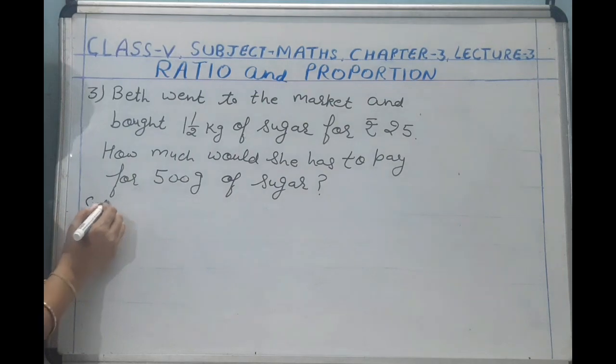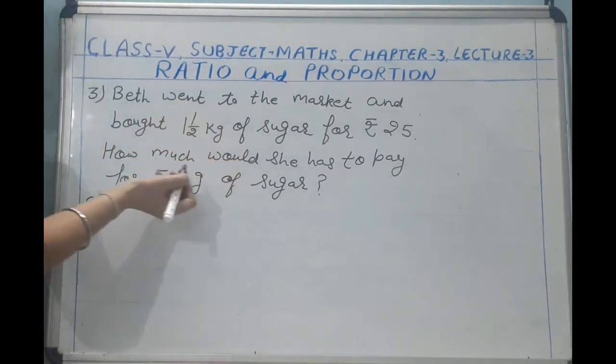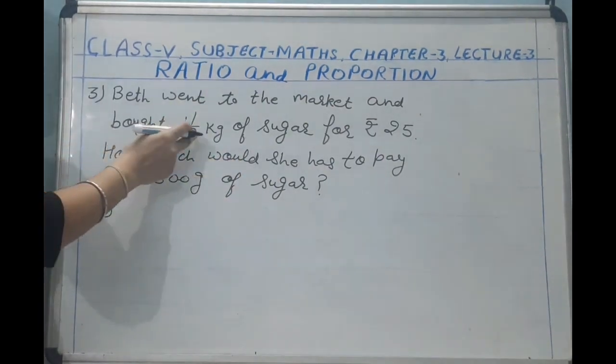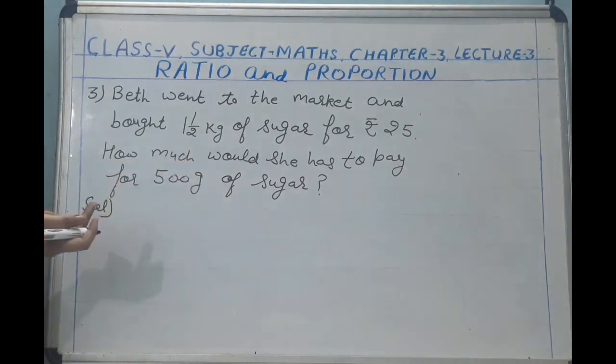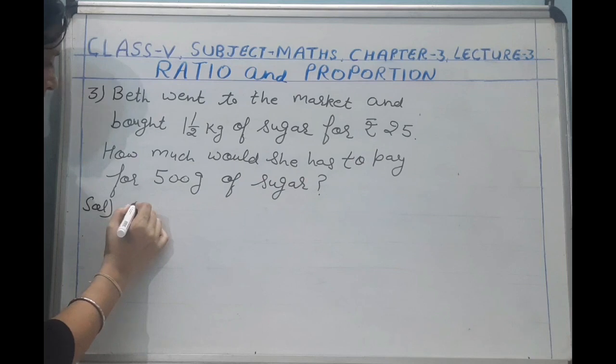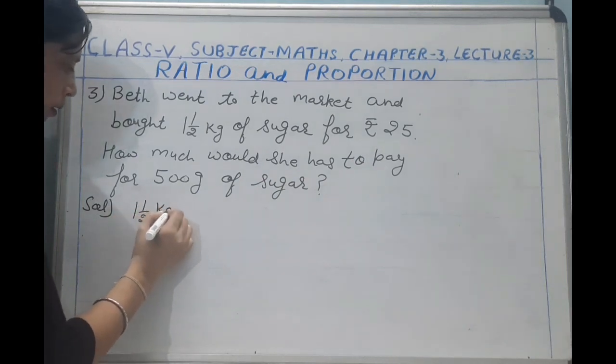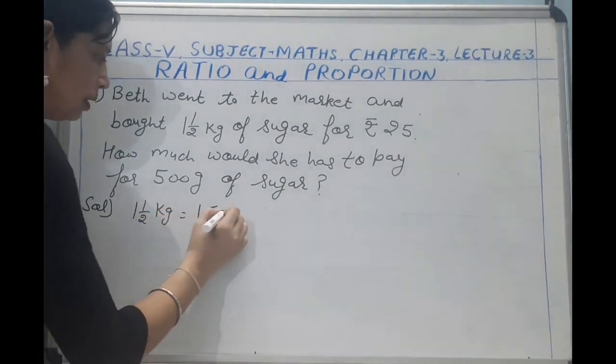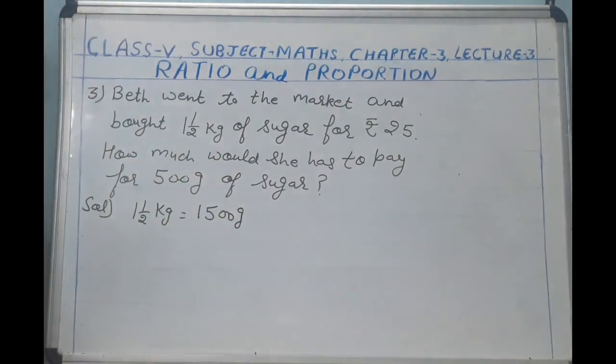First of all, you know that 1.5 kilogram means 1 kilogram, that is 1000 gram, and half kilogram 500 gram. So 1.5 kilogram sugar is 1500 gram. Okay.